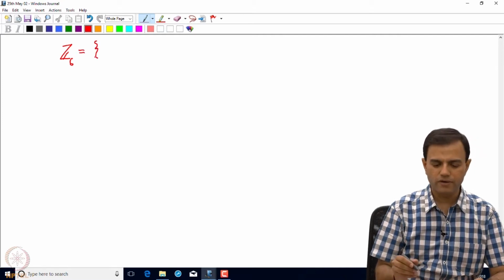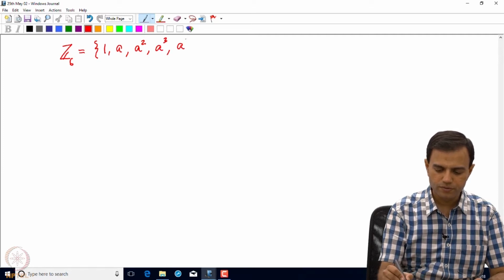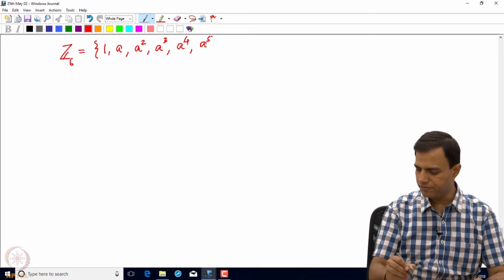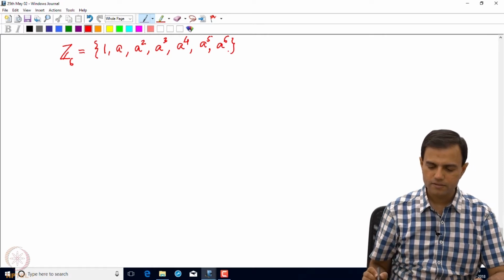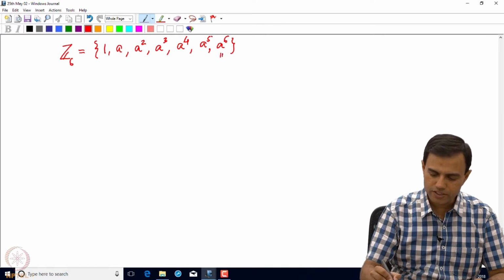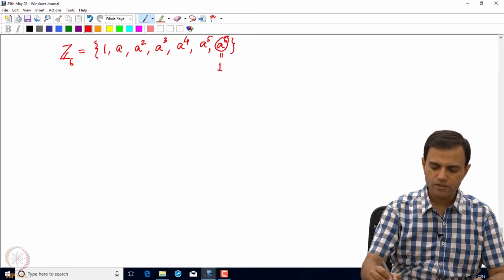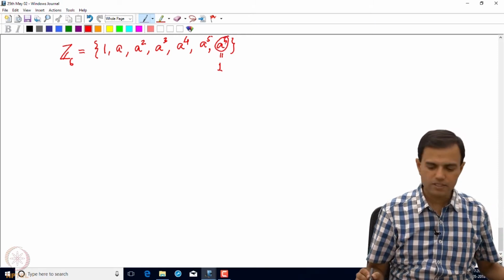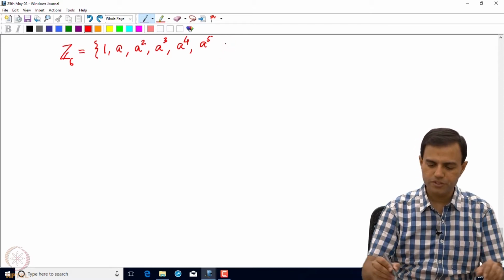I'll just write them as A, A square, A cube, A raised to the power 4, A raised to the power 5, A raised to the power 6. Well, A raised to the power 6 is identity, so I won't write this; only the first 6 elements I am going to write.